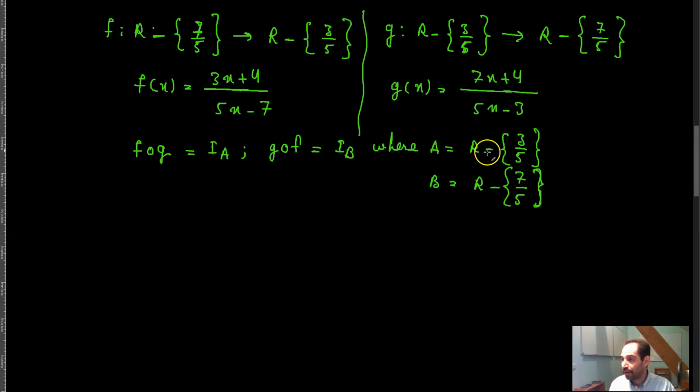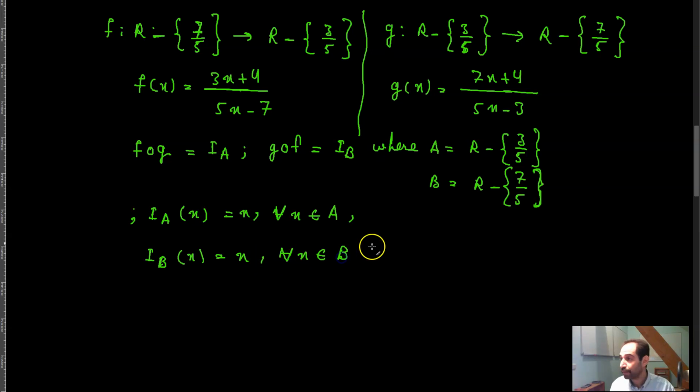I of A of x is equal to x for all x belonging to the set A, and also I of B of x is equal to x for all x belonging to B. Right?